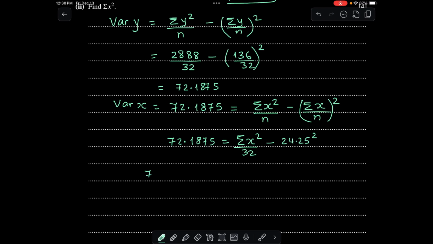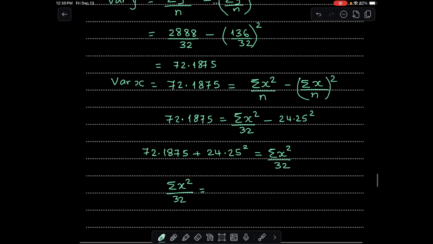So that is going to be then 72.1875 plus 24.25 bracket square equal to sum of x square over 32. And this works out to be equal to 660.25.